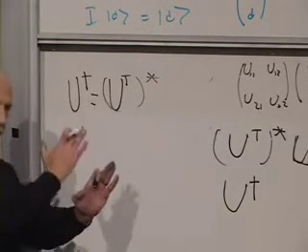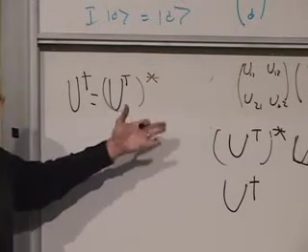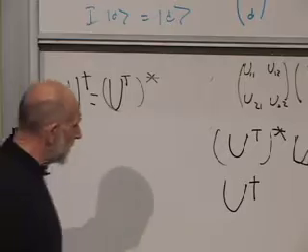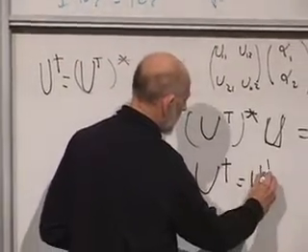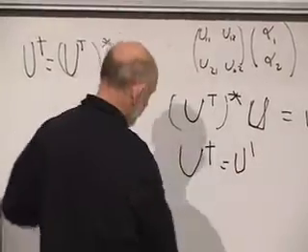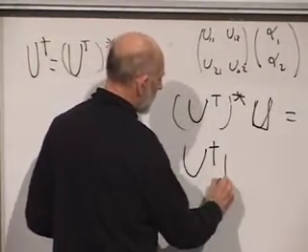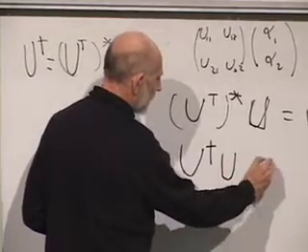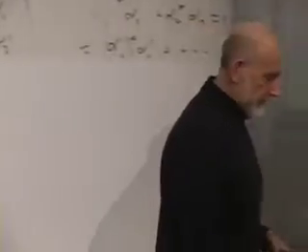Transpose means you flip things about the main diagonal. Complex conjugate, you just complex conjugate every element. I wrote it here, I don't need to write it again. So U dagger times U is equal to 1. All right, and in fact, that's all we're really going to need.